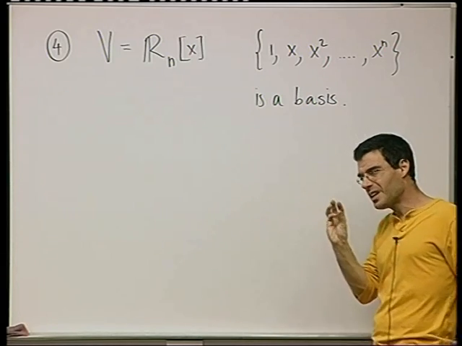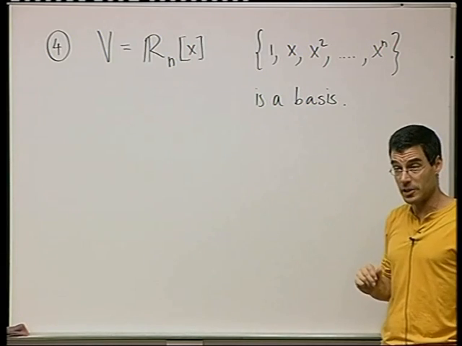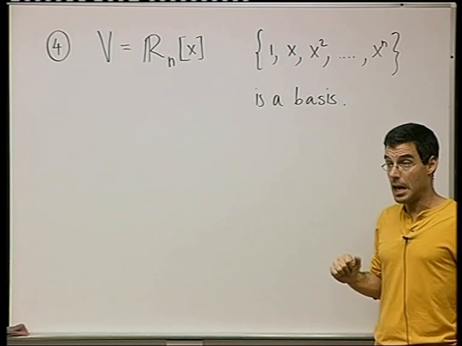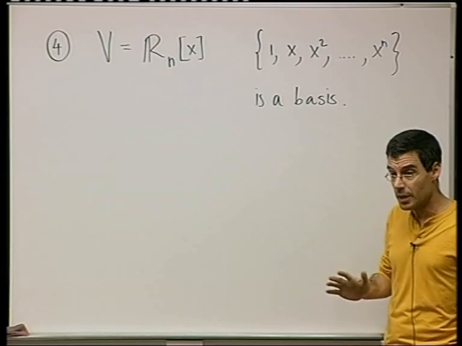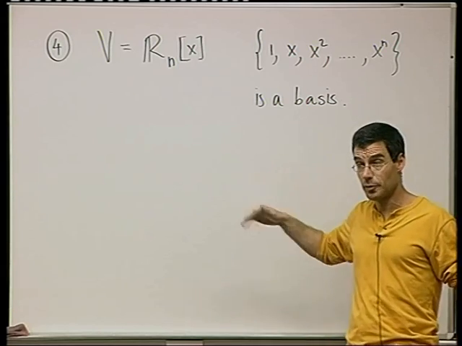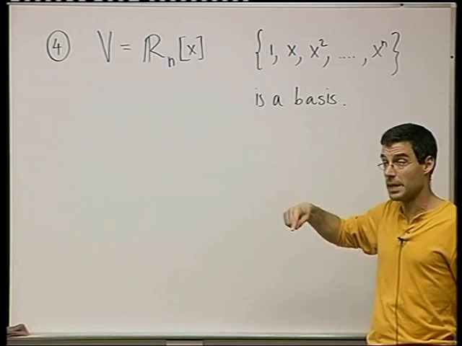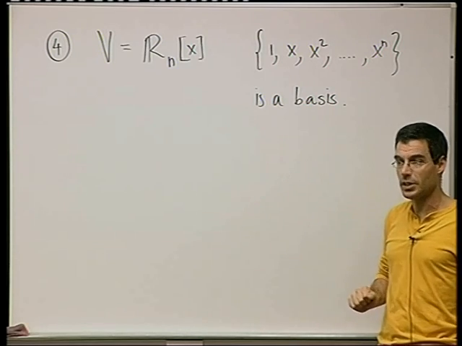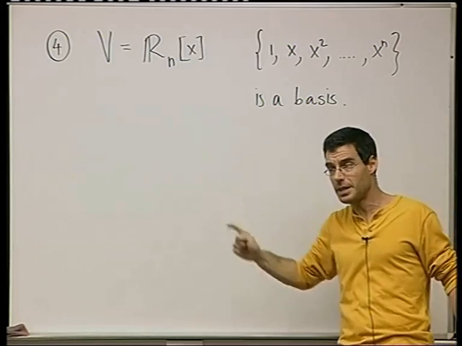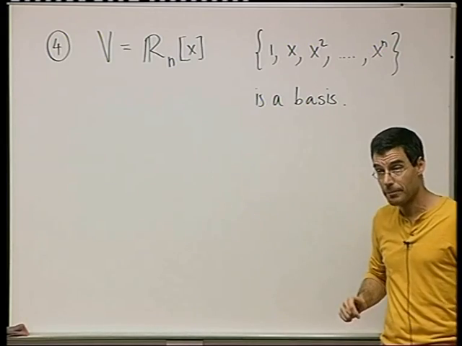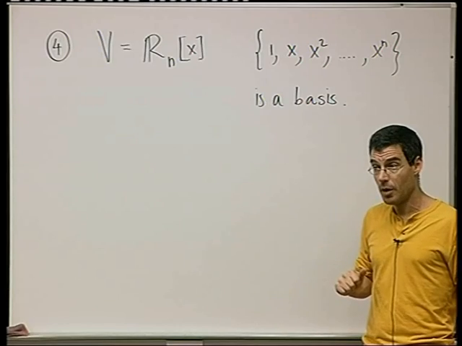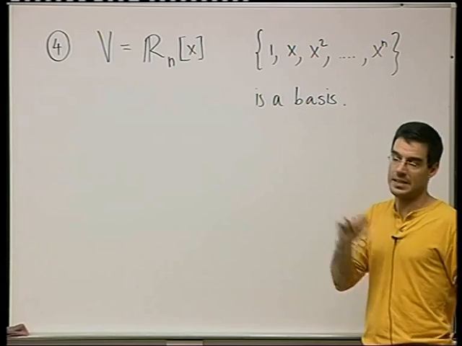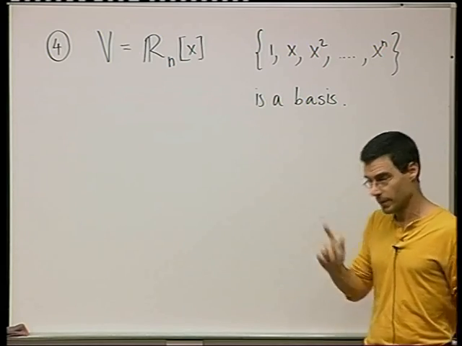So what's an optimal spanning set, a basis? How many elements does it have? And the first statement that we're going to make is there could be many bases for the same vector space, but they're always going to have the same number of elements. You can't find one basis with 3 elements and one basis with 4 elements. It's an invariant. You can have many bases, they always have the same number of elements, and that's going to be the dimension. Coming up next.